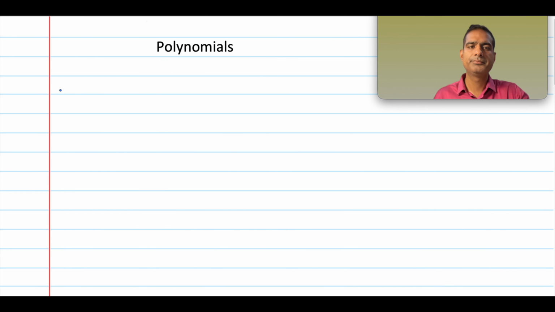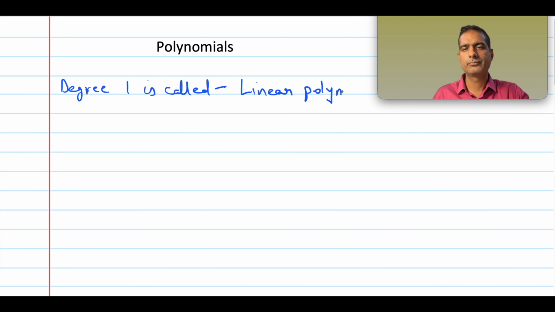For example, a polynomial of degree 1 is called, what do we call it? We call it a linear polynomial.